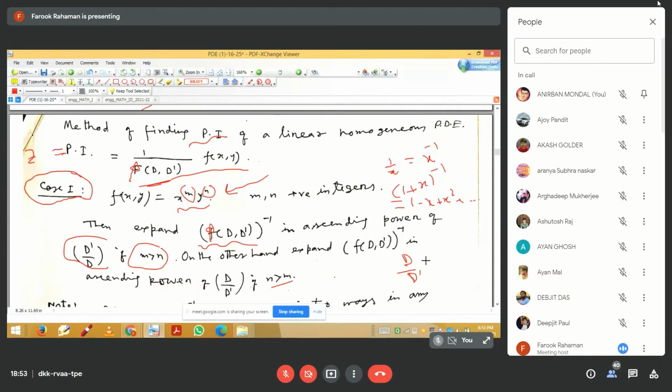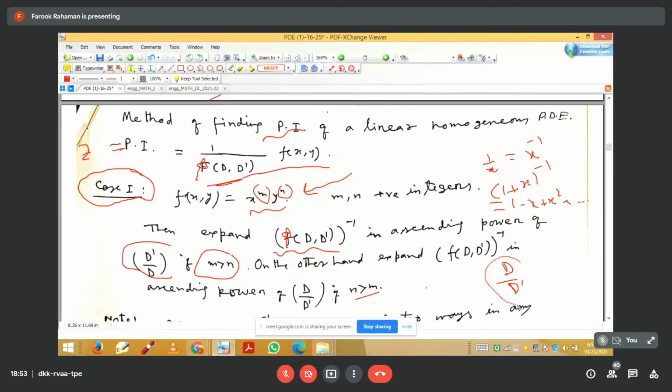Now, what is the meaning of d by d dash? The numerator d means differentiation with respect to x, and the denominator d dash acts as integration with respect to y.